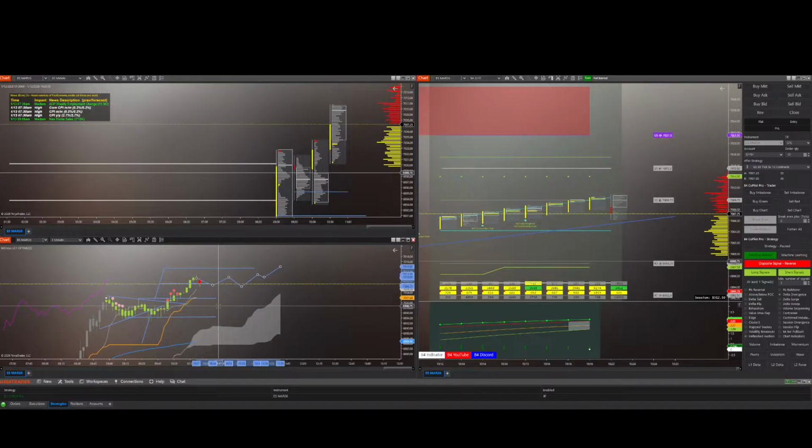For that reason, I'm ahead a little bit this morning. I would go ahead and stop, thinking that the initial momentum is over.